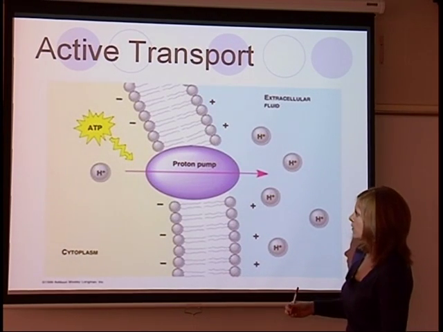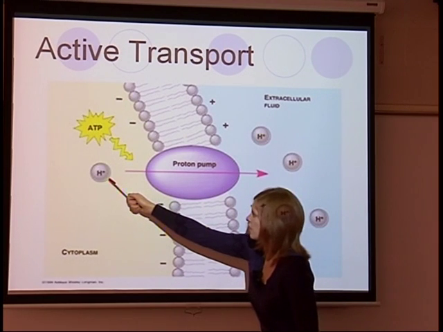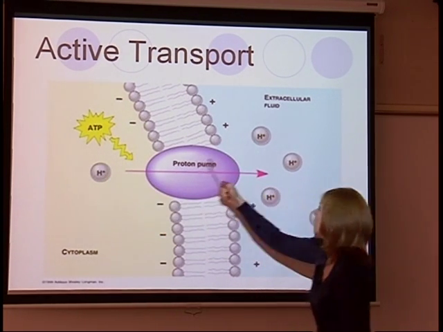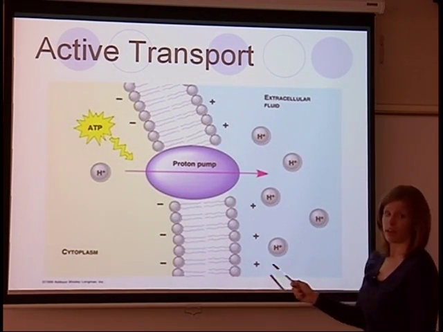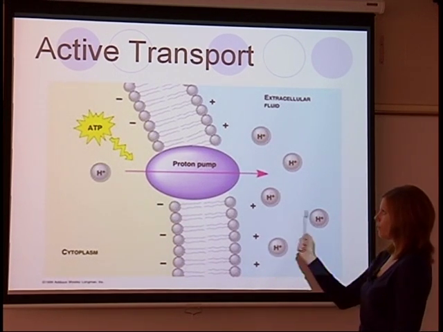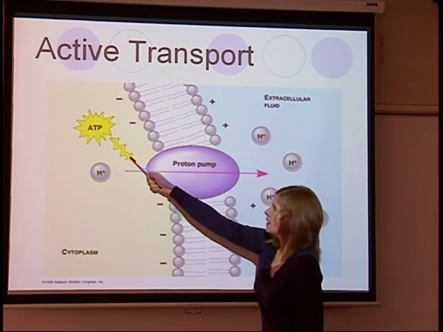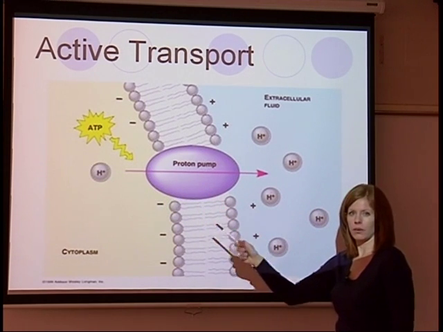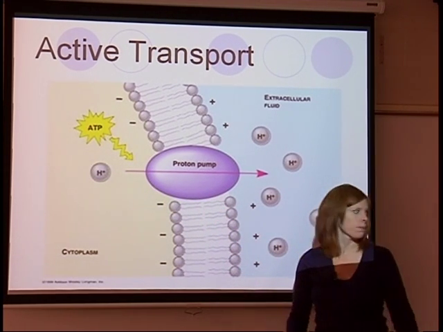Here's an example of active transport. This hydrogen ion is going from where there's 1 to where there's 5 on this side, so this requires energy to go through this process. This ATP here represents the energy being used to make that process occur.